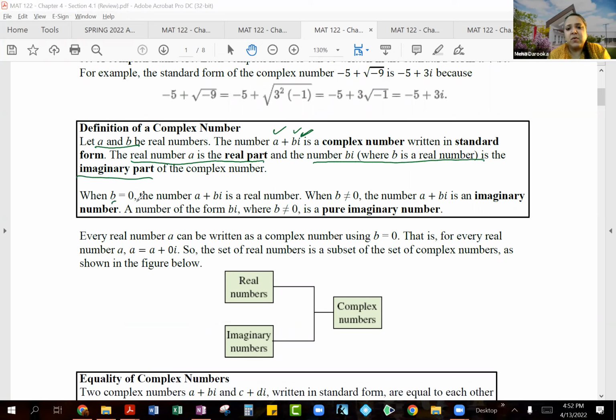When B is 0, you get a real number. When B is not 0, you get the imaginary number. And then they are saying the number of the form BI, where your A is 0. If you just have the BI, that is your pure imaginary number, because now it doesn't have that real part being added to it.